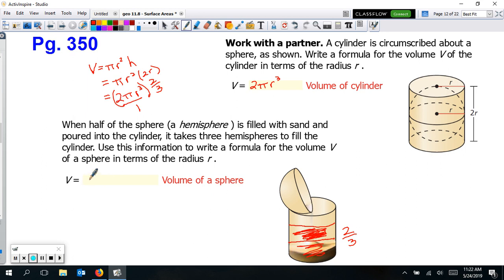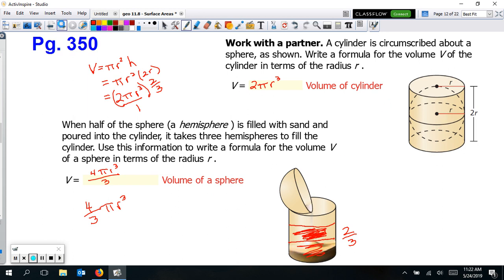So it's going to be 4 times pi times r to the 3rd power all over 3. Or you could say this is 4/3 times pi r cubed. So either way is this formula. That's how we get the formula for the volume of a sphere.